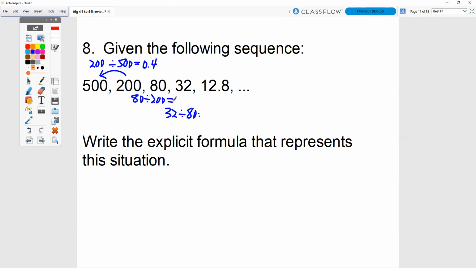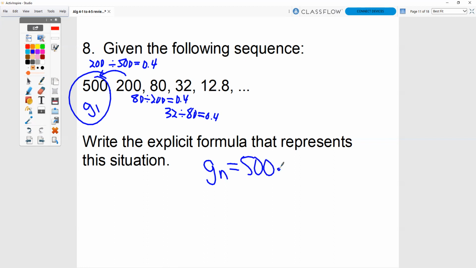If we do all of those, you see that all of them are 0.4. So divide going backwards to find your common ratio. So write the explicit formula. G sub n equals the first term, 500, times the common ratio, which we found to be 0.4, to the n minus 1 power.